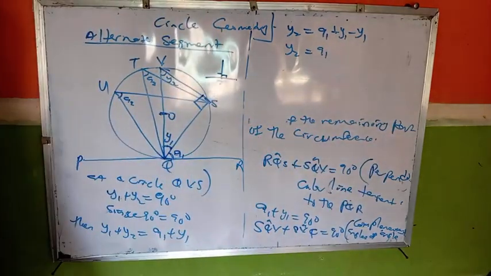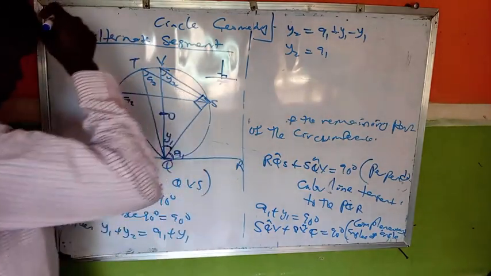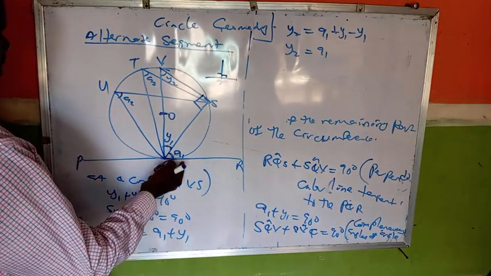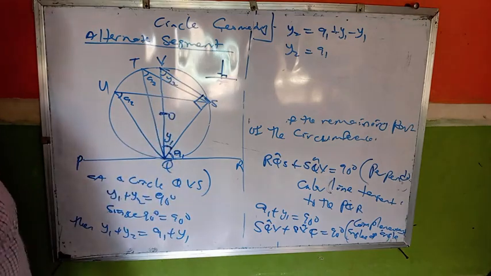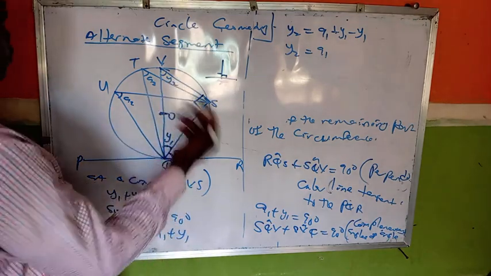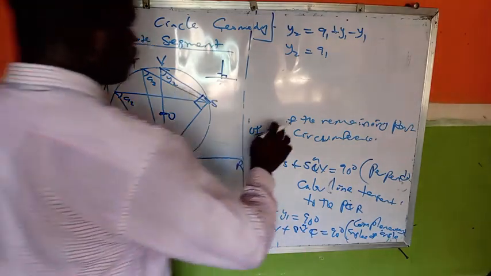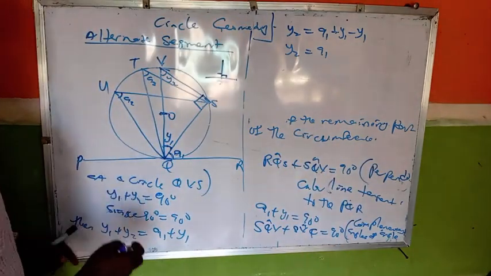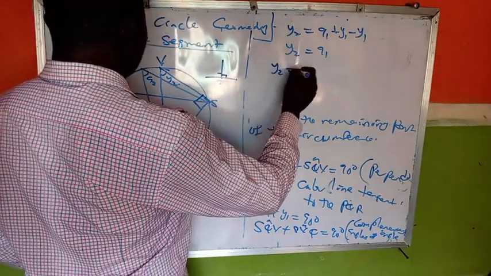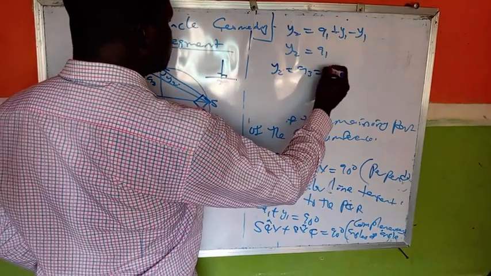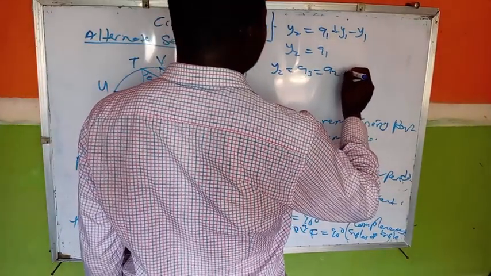So we have shown that this angle A1 equals y2, and so you have proved it. And it says that it is equal to any angle in any part of the remaining circumference. So y2 equals A3 equals A2.